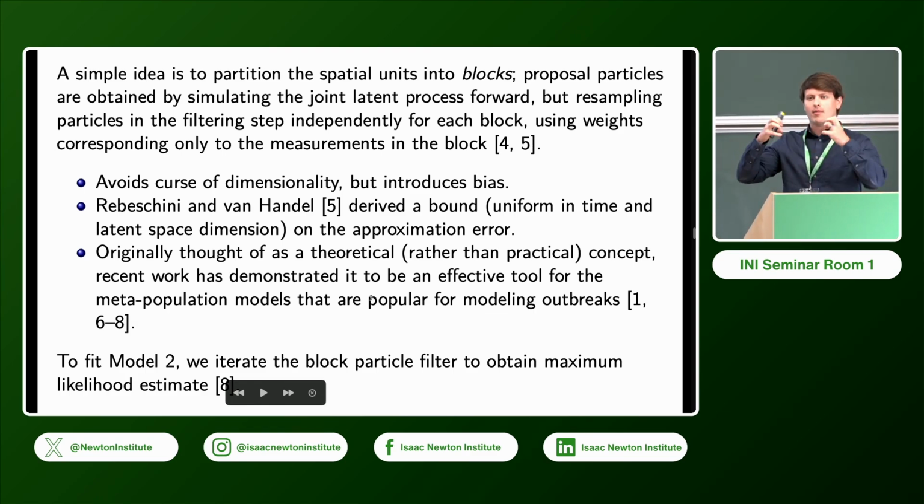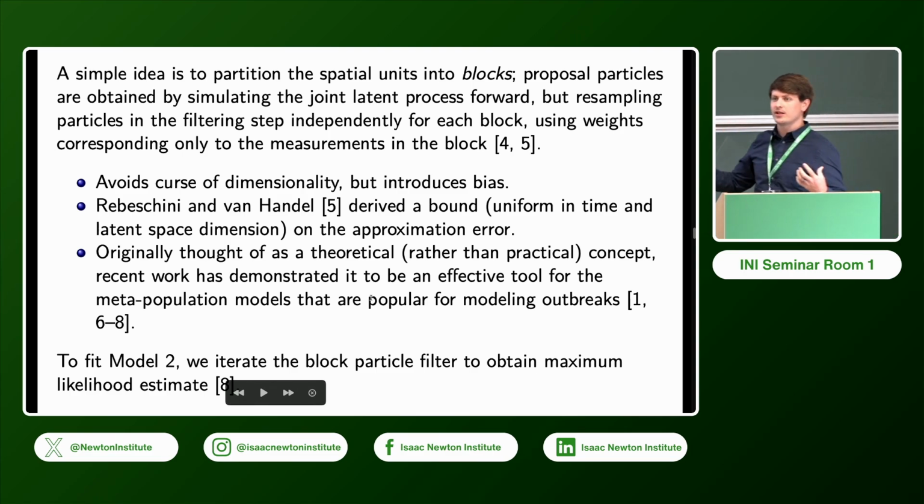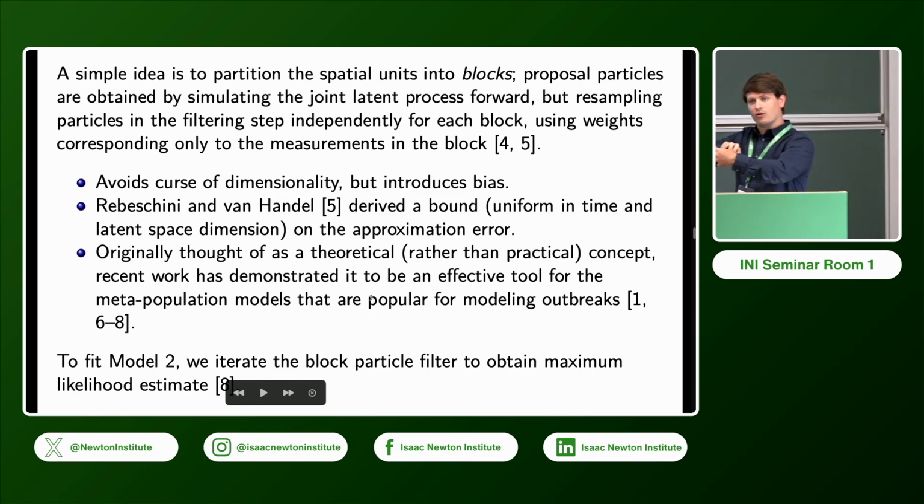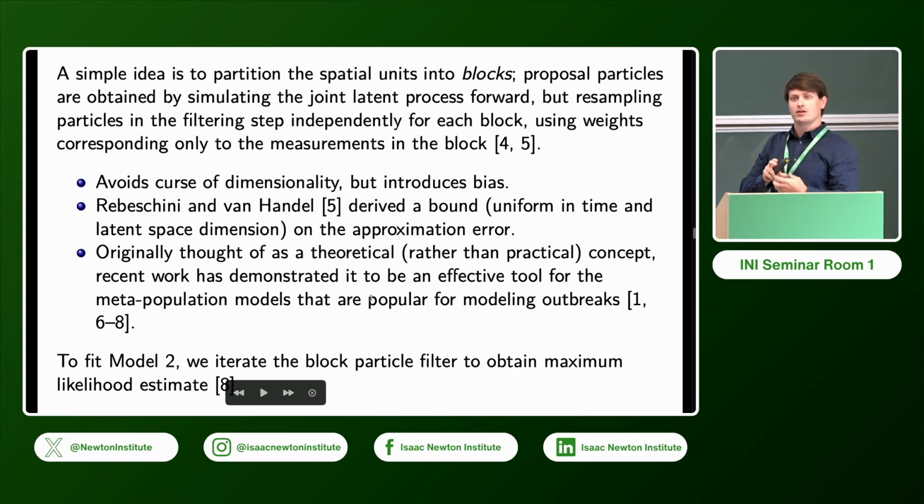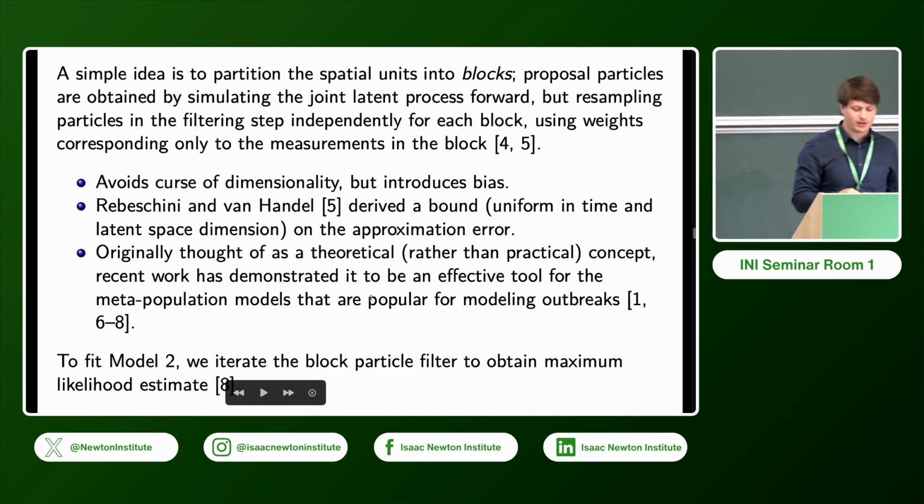If you have a model structure that has some spatial connections between units, spatial units that are far from each other are likely to be less correlated than those that are close to each other. In a completely uncorrelated system, you can just do a particle filter on each of the spatial units and you're just fine. So we're trying to take advantage of the fact that if you just do a particle filter for a small part where there's a large amount of correlation, then that should help avoid the curse of dimensionality.